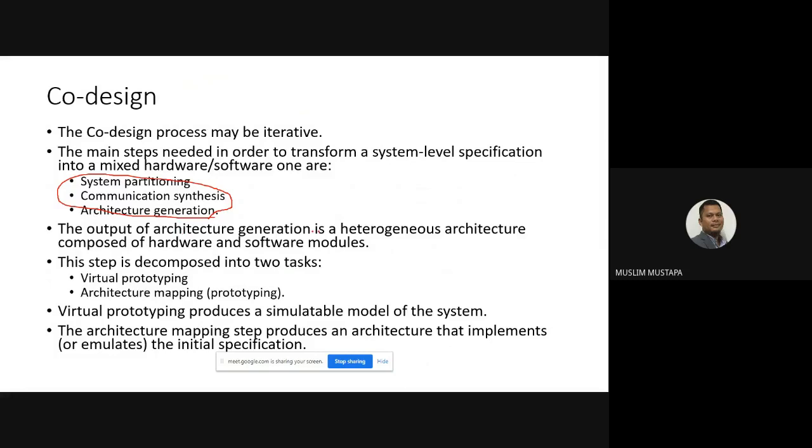These are the three main steps. The output of architecture generation is a heterogeneous architecture composed of hardware and software modules. Of course, because the output of architecture generation has to cover the hardware and also the software modules. You have to know that all different hardware need different software.